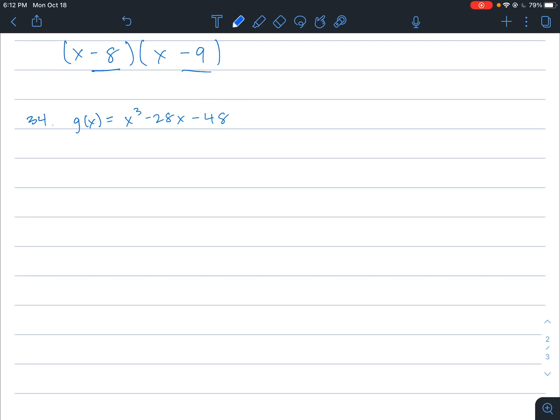So the rational roots theorem says factors of 48 over factors of 1.